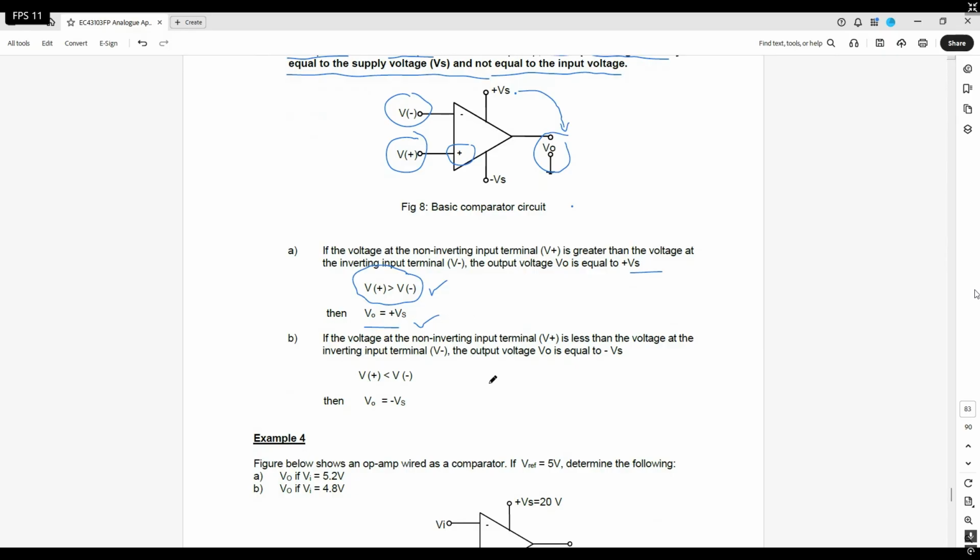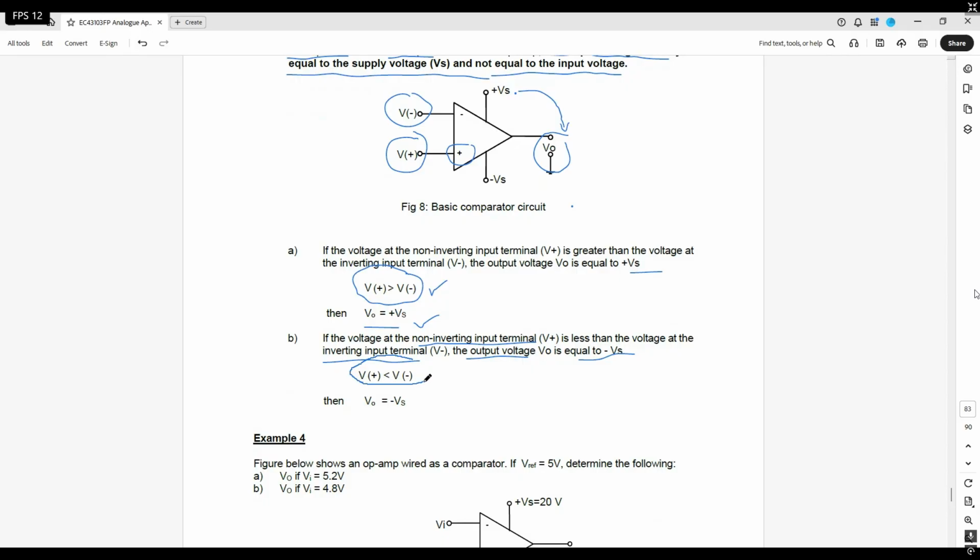Then next thing, what happened? The other way around, they say that if the non-inverting terminal voltage is less than the voltage of the inverting input terminal, the V out equals negative Vs. So now this is another condition, right?